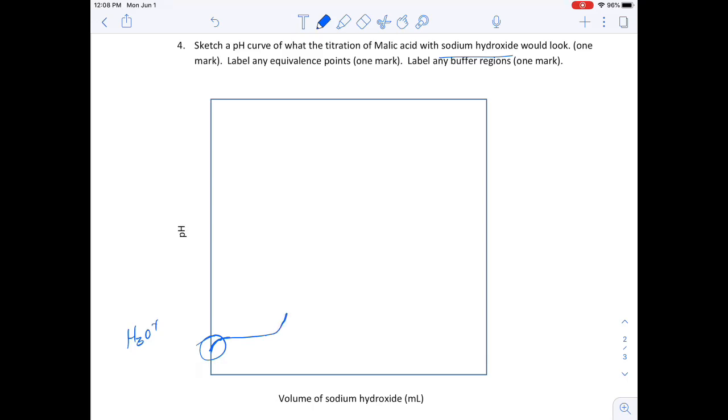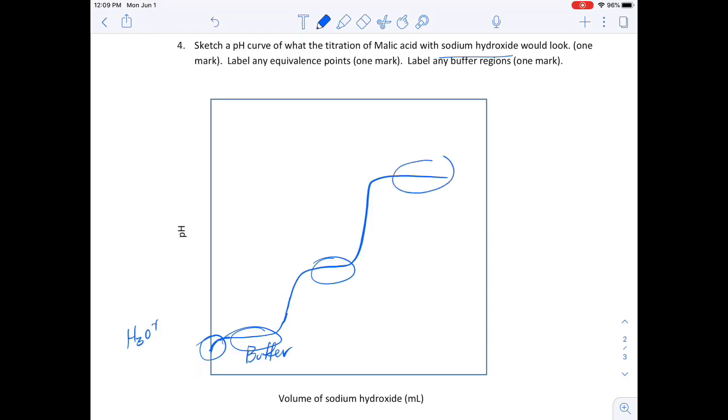Then we get a sudden increase in pH, and then it evens out, and then we get another sudden change in pH, and then it flattens out again. So this area is a buffer, and that's going to be the malic acid and hydrogen malate. Here will be a buffer, and that's going to be hydrogen malate and malate ion.